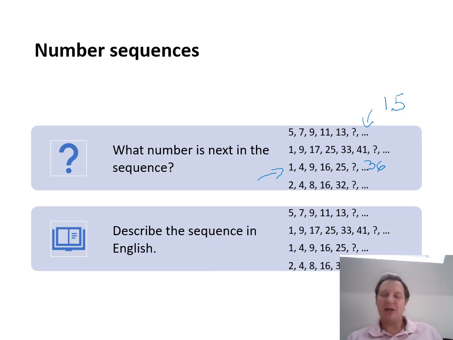That's 1 squared. The second number is 4. That's 2 squared. The third number is 9. That's 3 squared. 16, 4 squared. 25, 5 squared. 36, 6 squared. So the way we generate it is by squaring the position number of the entry in the sequence.